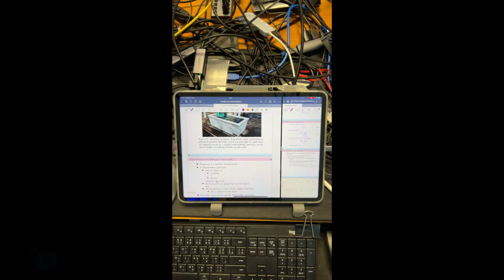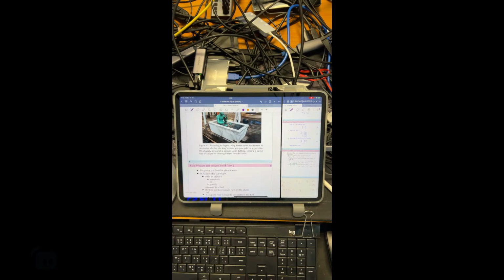Buoyancy is a familiar phenomenon, right? I do not know what it is called in Thai, I forgot. In Archimedes' principle, he said that when an object is completely or partially immersed in a fluid, the fluid exerts an upward force on that object.